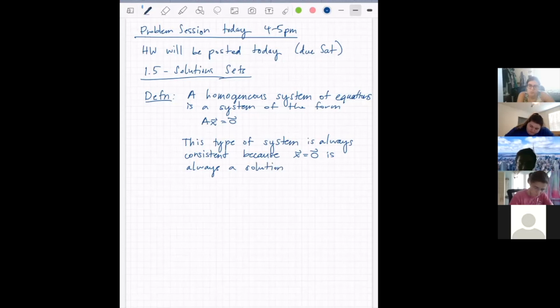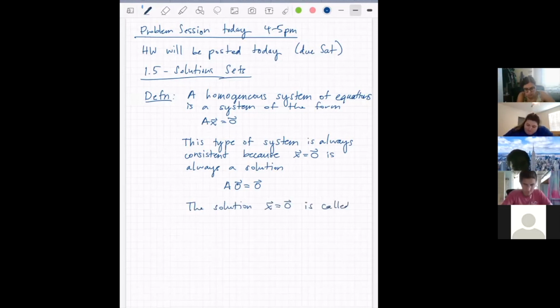Because whatever A might be, if we multiply it by the 0 vector, we just get the 0 vector, right? So that is always a solution. It actually has a special name: the solution x equals the 0 vector is called the trivial solution.